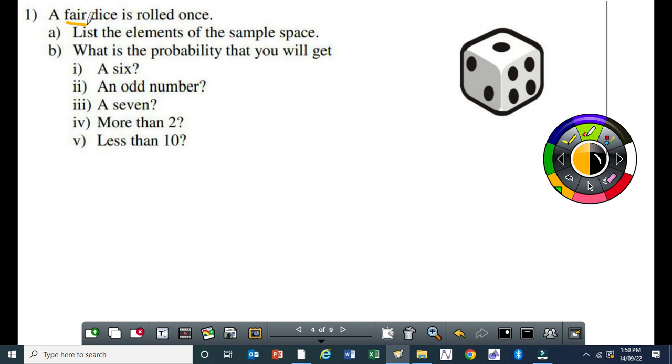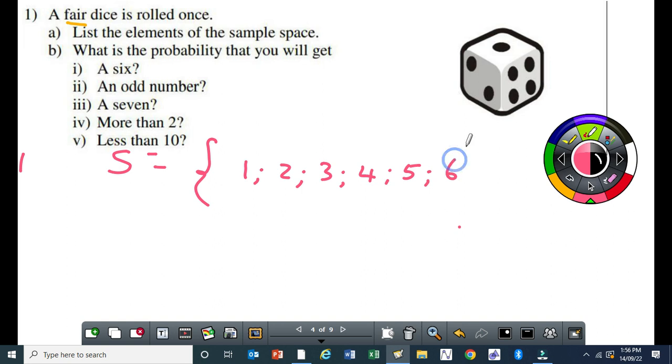Now, when you are writing that, the proper way to write it is like this. If you want to list all the elements in the sample space, then you write S is equal to, the first one has to be a 1, then a 2, a 3, a 4, a 5, or a 6.